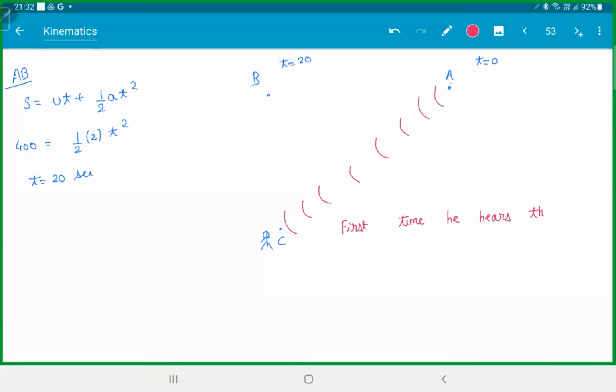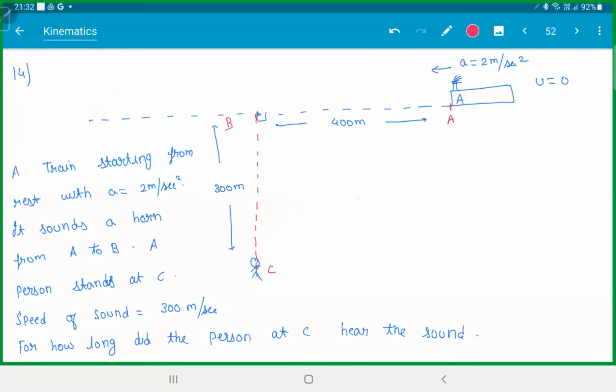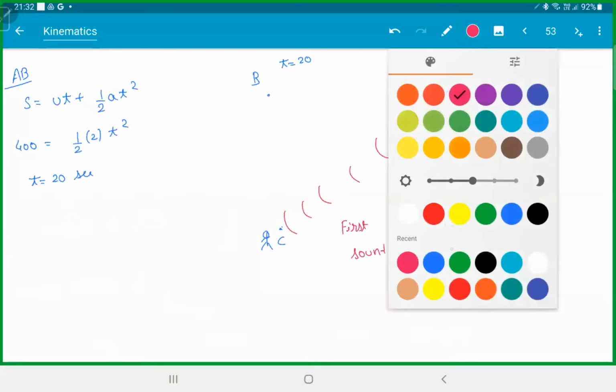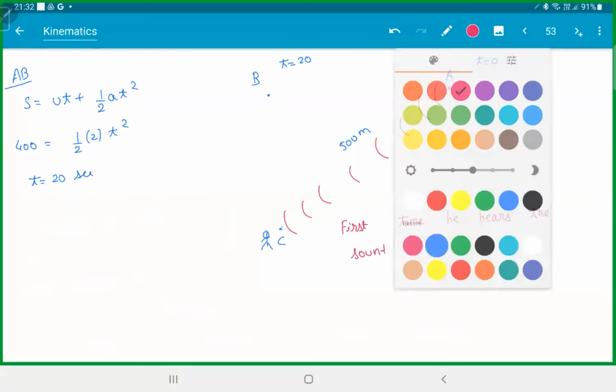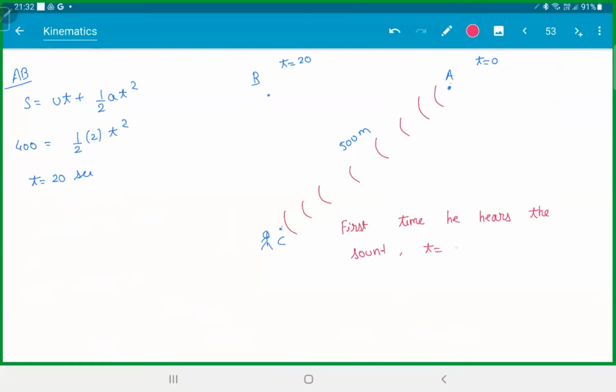This distance is actually 500 meters. 300 and 400, Pythagoras theorem. This A to C distance is 500 meters. So the first time when he hears the sound, T will be 500 by 300, 5 by 3 seconds. At 5 by 3, he will hear the sound for the first time.